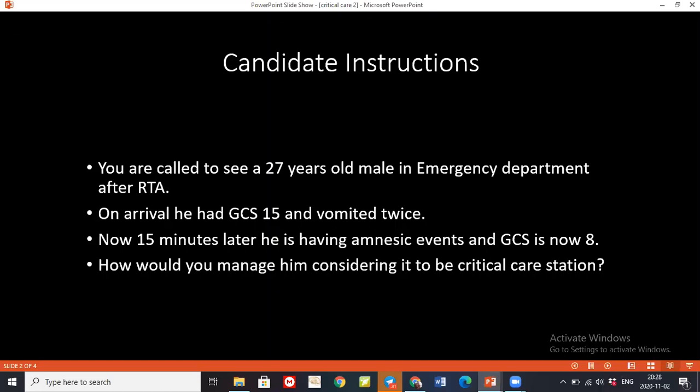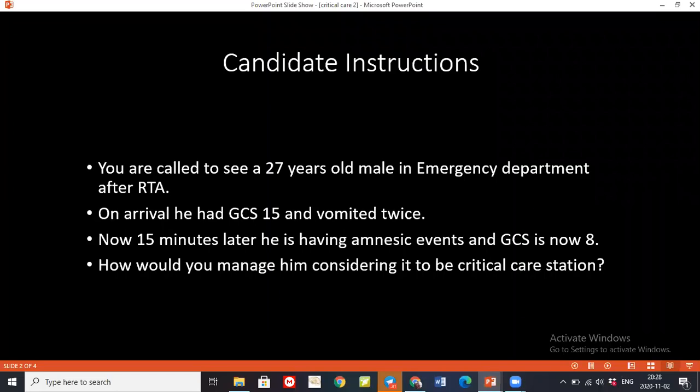And then for reducing the cerebral edema, there is fluid restriction. We'll use intravenous mannitol at a dose of 0.25 to 1 gram per kg over 30 minutes, and this will rapidly reduce the raised intracranial pressure.